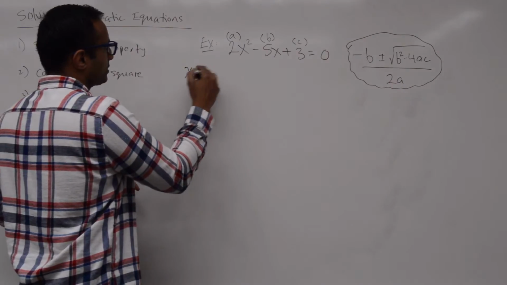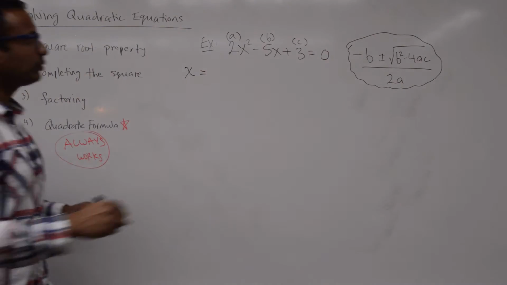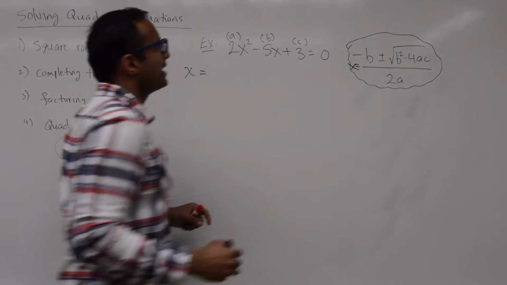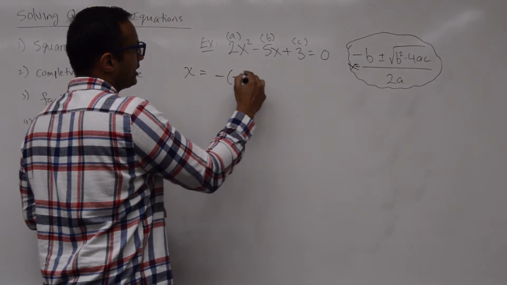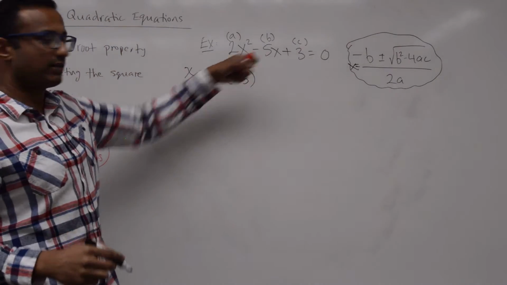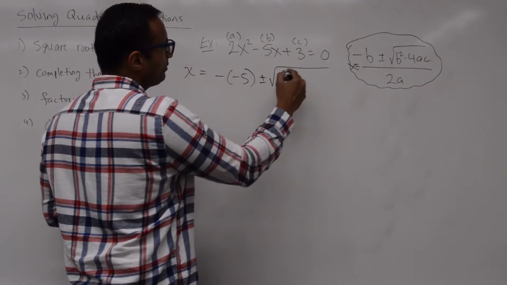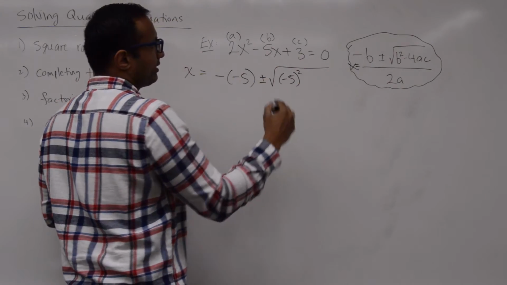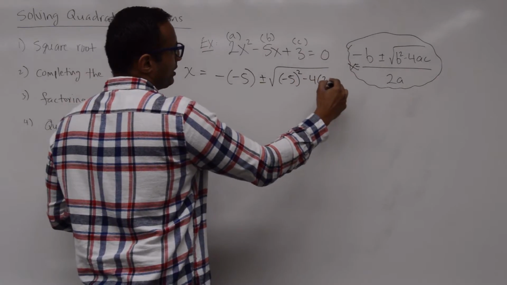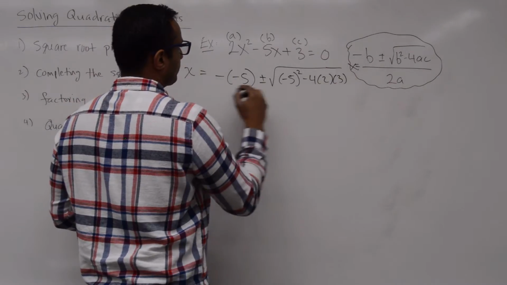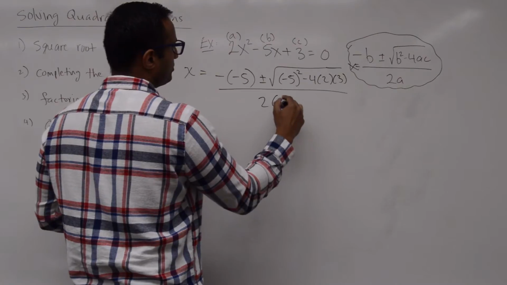So, what does x equal? x equals negative b, so that's going to be negative 5, since the b value is negative 5, plus or minus the square root of b squared, so that's negative 5 squared, minus 4 times a times c, and all of that is going to be divided by 2 times a.